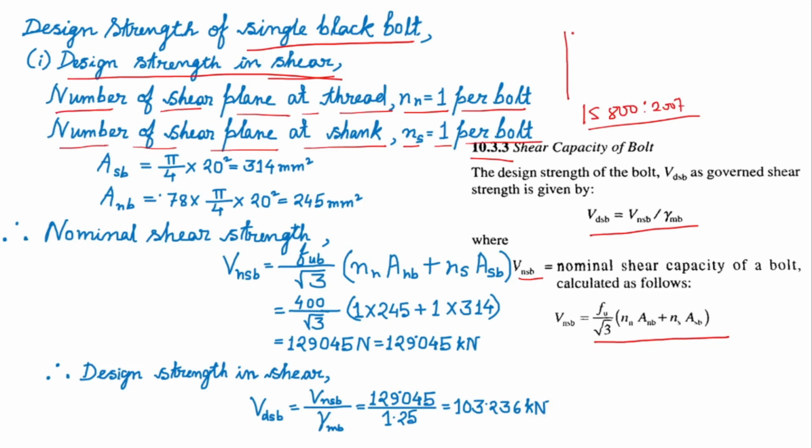This is the gusset plate of 10 mm thick, and the angles are connected back to back on this gusset plate. The bolting will be done in this way, which will connect both the angles through the gusset plate. So this will be a case of double shear.